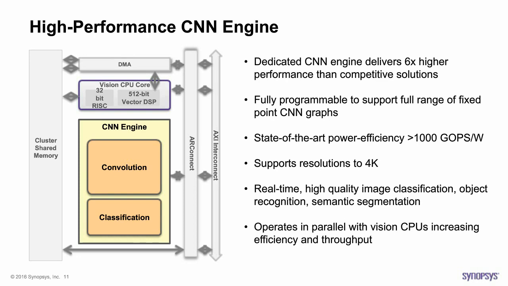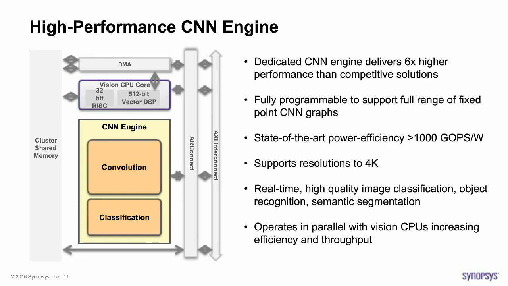But we can do that very efficiently at very good power consumption. In fact, it says that the power efficiency is greater than 1,000 GOPS per watt. It's actually greater than 1,500 GOPS per watt, or that's billions of operations per watt, which is a phenomenal level of power efficiency. Of course, we fully support 4K resolutions.